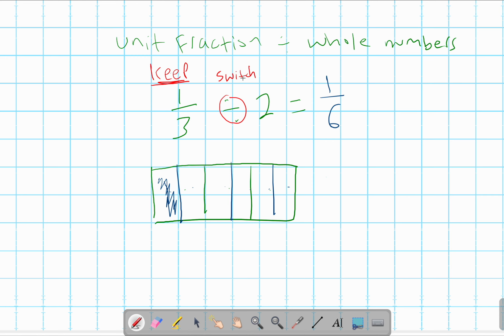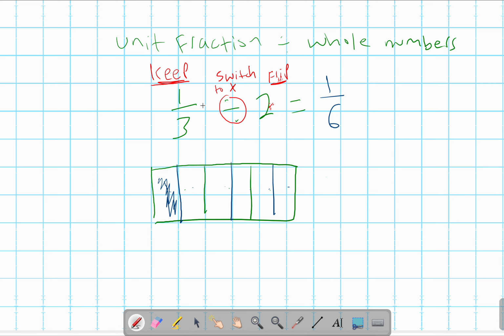We're going to switch to multiplication, and this one right here, we're going to flip. The second part of our expression, we're going to flip.